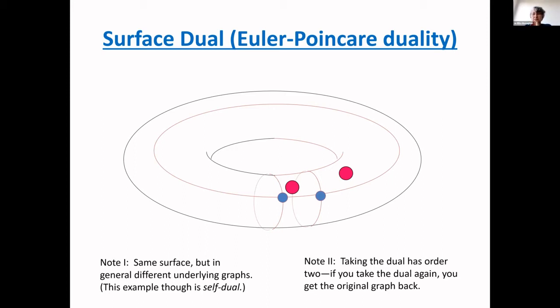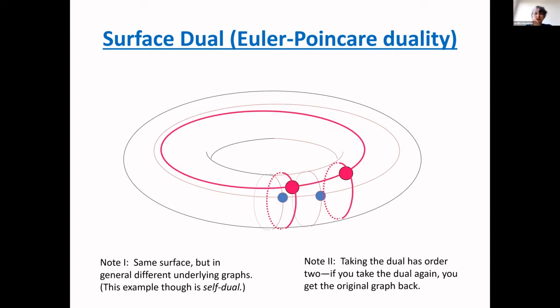So vertices in the faces, and connect them up if they share an edge. A couple of things to note here. The graph and its dual are in the same surface, but in general have different underlying graphs.